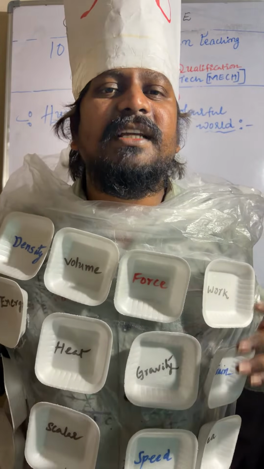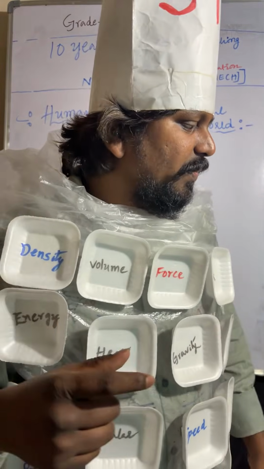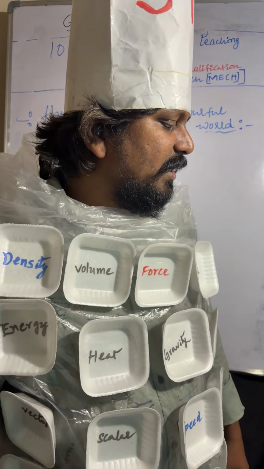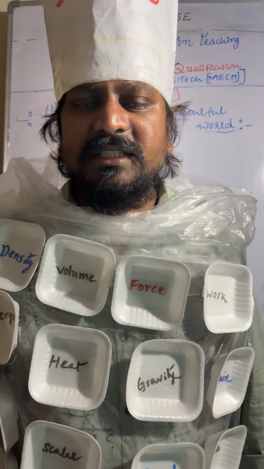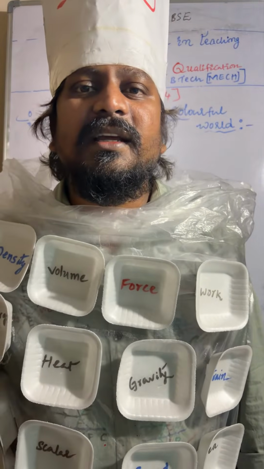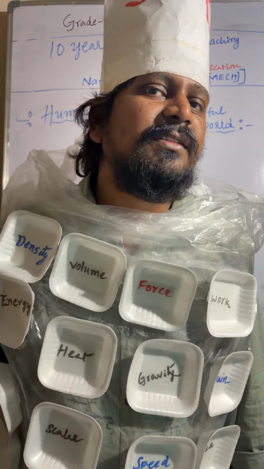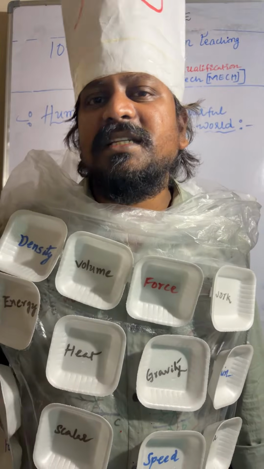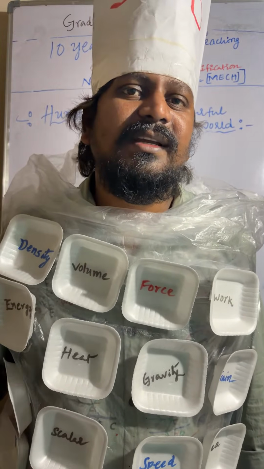So the range of vision is 25 centimeters up to infinity. Normally the near point is 25 centimeters and the far point is infinity. Understood or not? I hope it is very clear.